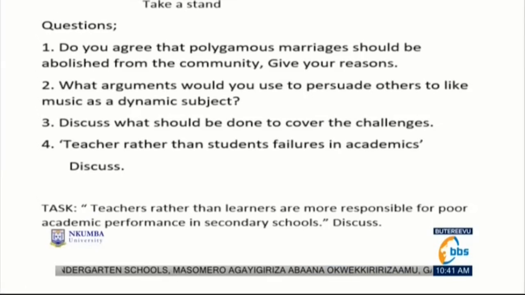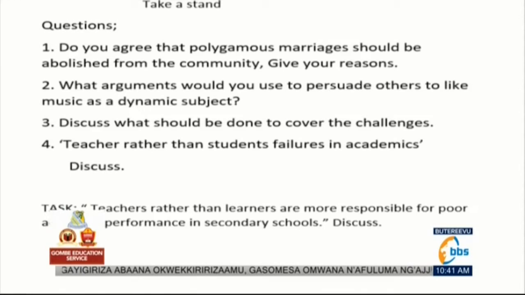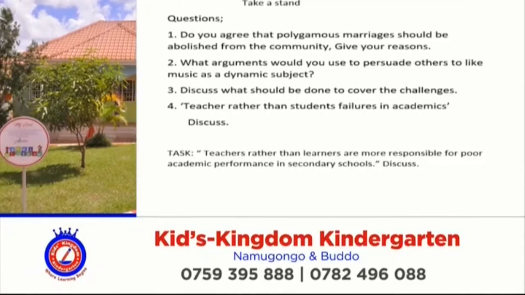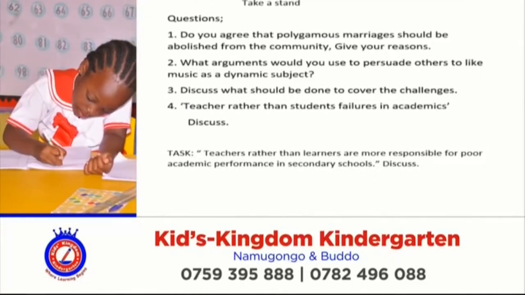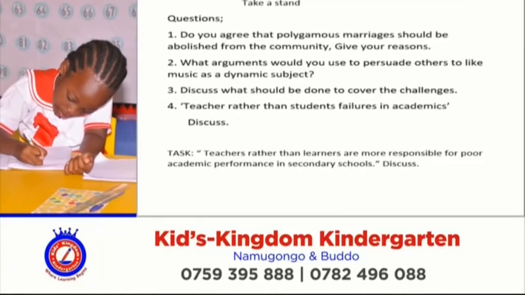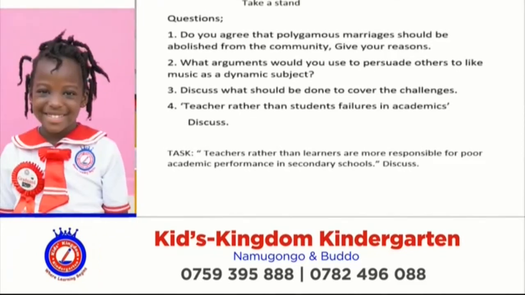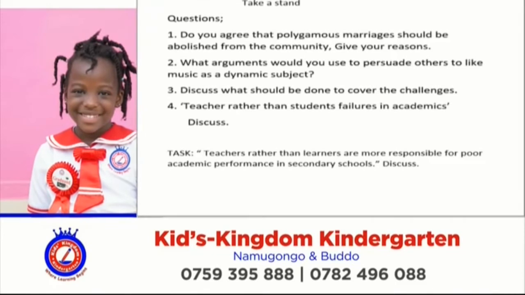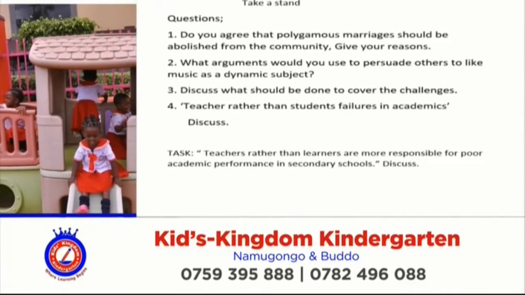There is no other way of saying, no, my arguments do not support. It is not indicated in the question. So please make sure that your answers are geared towards the question so that you can answer very well and get marks. Otherwise, you may be termed as the person who has failed to understand the question, and then you lose marks there. So let us look at question 3. Discuss what should be done to cover the challenges. That was incomplete.